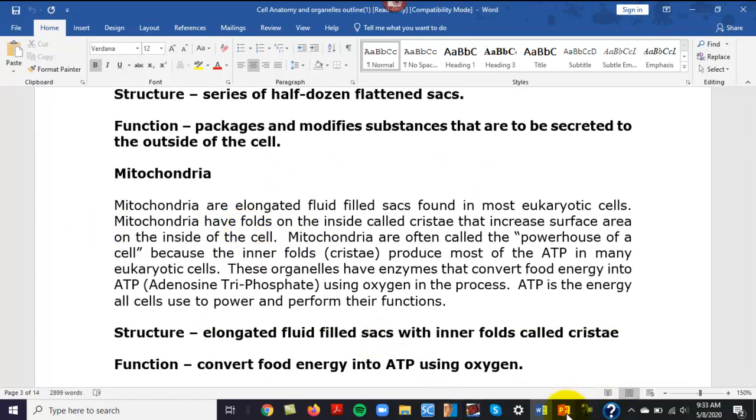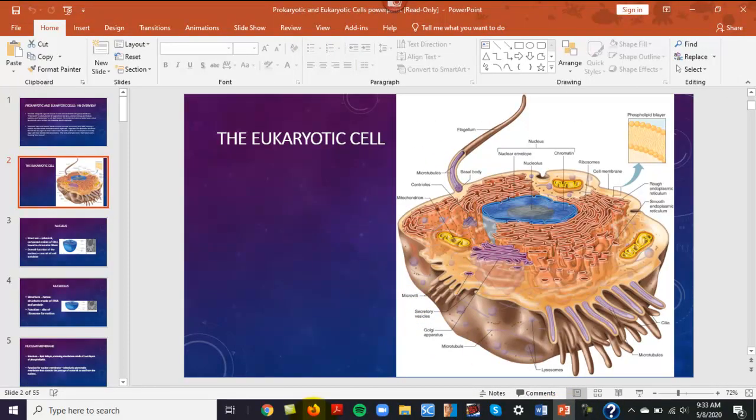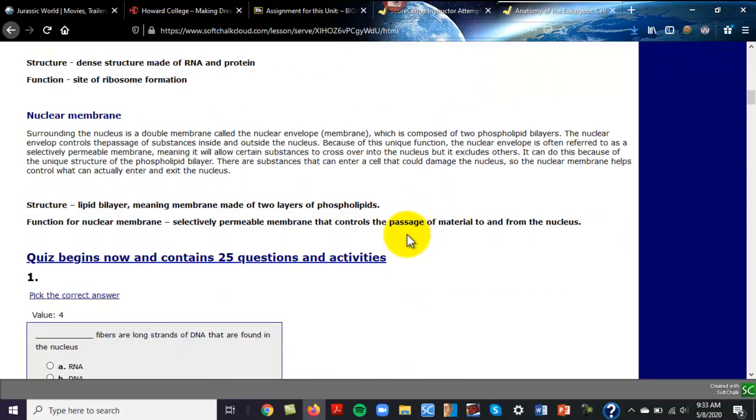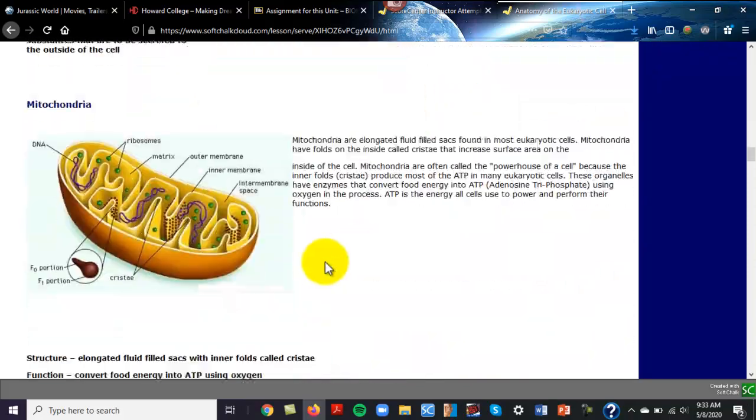Mitochondria. See these little half-looking Tylenol things? That's a mitochondria. If you cross-section one like that, you see it's got the folds inside. What these do, they're very important. They're called the powerhouse of the cell. Those take food energy and convert it to ATP using oxygen.